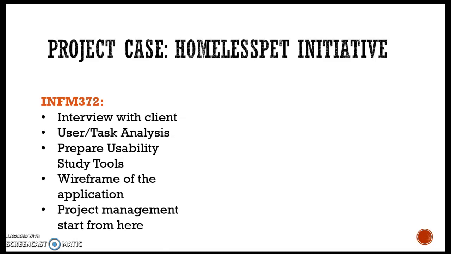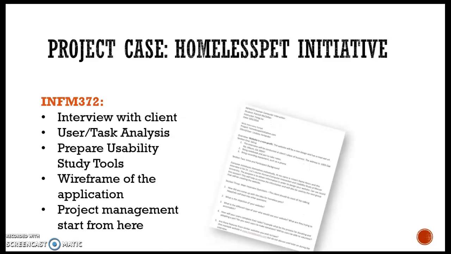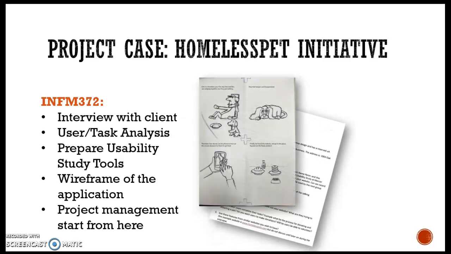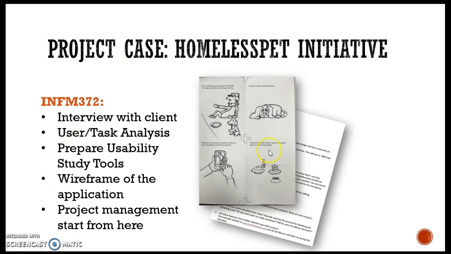So the capstone is the end product. But in the beginning of this pipeline, for example 372, we start to interview the client and figure out the task analysis, prepare the usability tests to be used later on, and create wireframes. For example, this is a project called the Homeless Pet initiative.